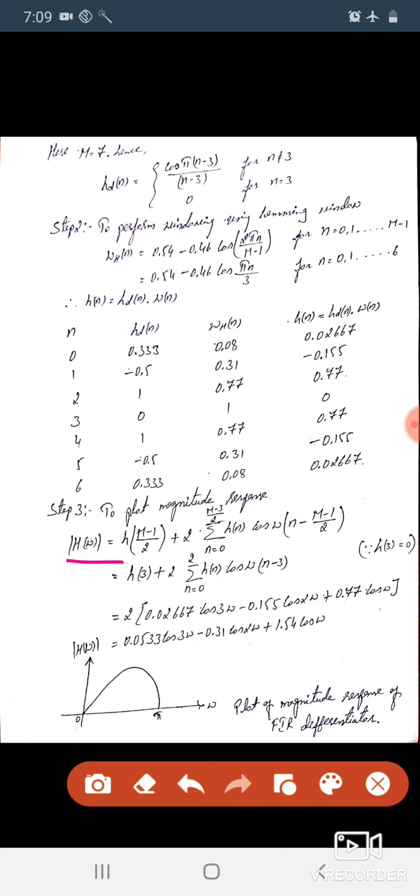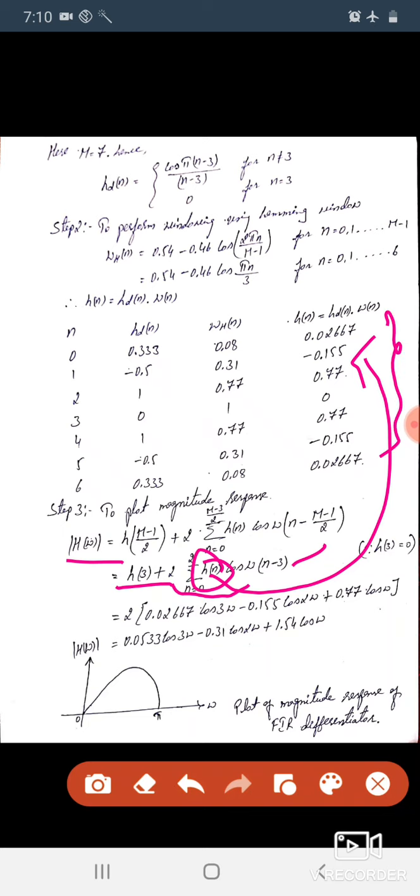Magnitude response means h of (m minus 1) by 2 plus 2 summation n equals 0 to (m minus 3) by 2 of h of n cos omega (n minus (m minus 1) by 2), that is h of 3 plus 2 summation n equals 0 to 2 of h of n cos omega (n minus 3). Here also you have to extend the equation and substitute h of 0 to 2 with the solution we got.